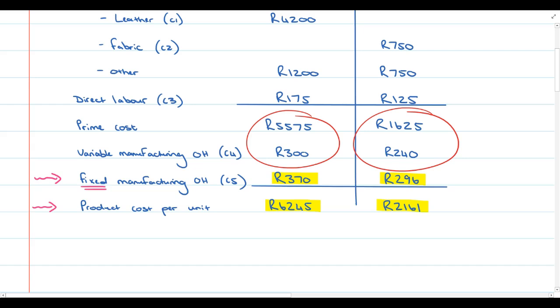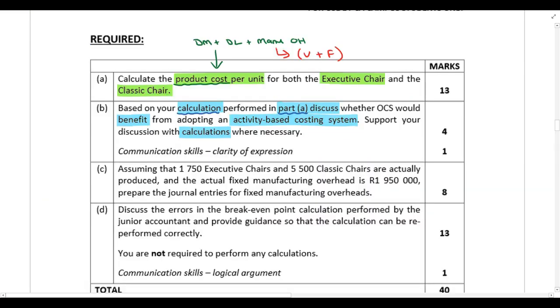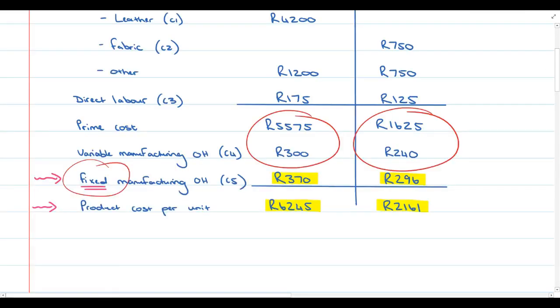So because the fixed manufacturing overhead is so insignificant, even if this cost isn't accurately allocated between the 2 products, it's very unlikely that it's going to result in product costing distortions because it's so insignificant. Now remember, if we go back to the required, you need to support your discussion with calculations where necessary. So the calculation that I want you to perform is calculate what these fixed costs are as a percentage of total product costs. We can then see how insignificant they are.